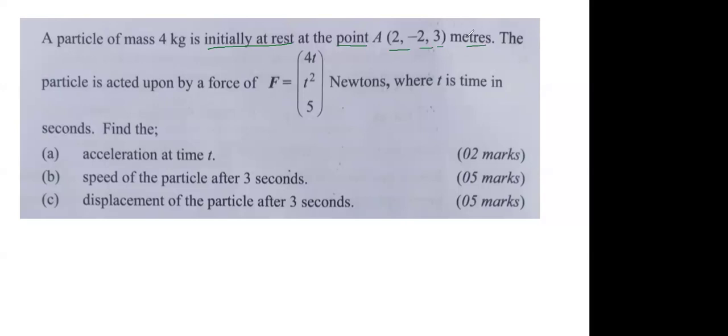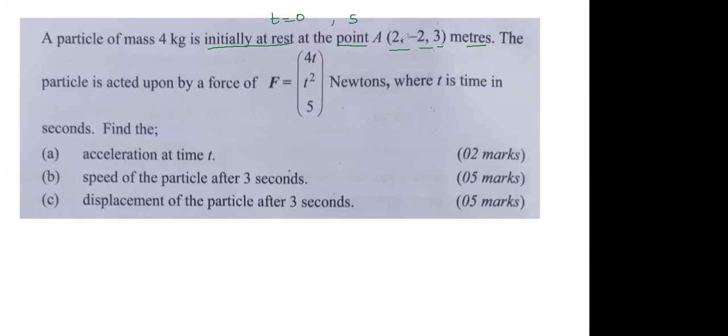Now, this particle may be at rest, but the position where it is placed is a position away from the origin. So when you are letting your time equal to 0, it means its initial displacement is not going to be 0, 0, 0.